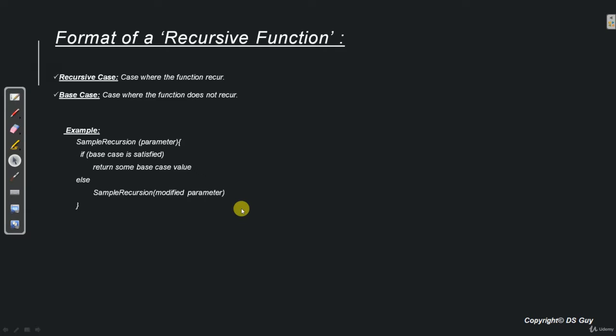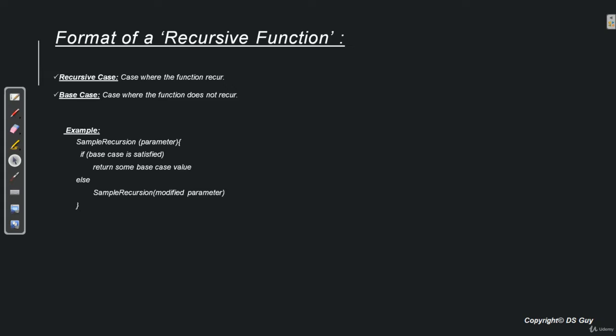Hey guys, welcome back. In the last video we learned the format of a recursive method, where we saw that there are basically two cases in any recursive method: a recursive case and a base case.